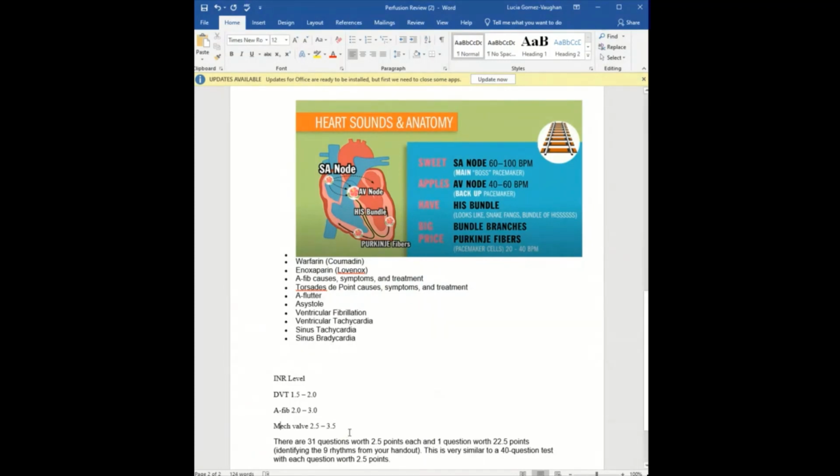Our INR levels when using warfarin or Coumadin for clot prophylaxis: for DVTs, our level should be 1.5 to 2, for AFib 2 to 3, and a mechanical valve 2.5 to 3.5. So when you see somebody with an INR level of like 7.9, we know that that's a critical level.